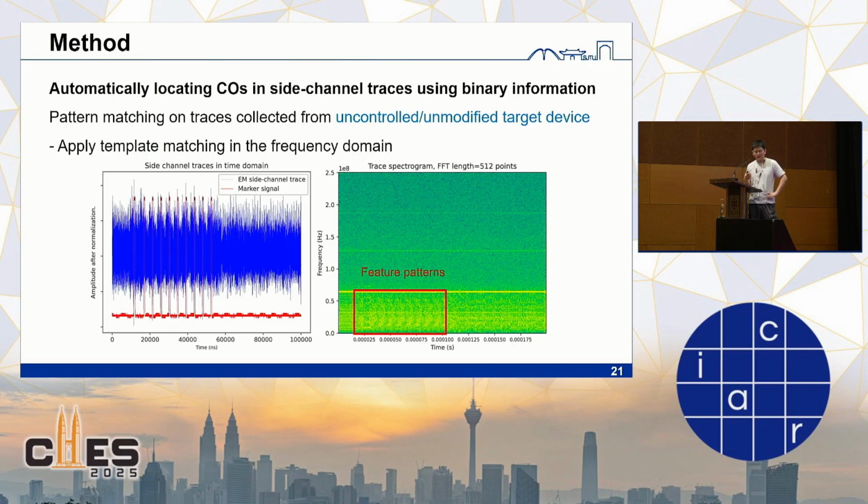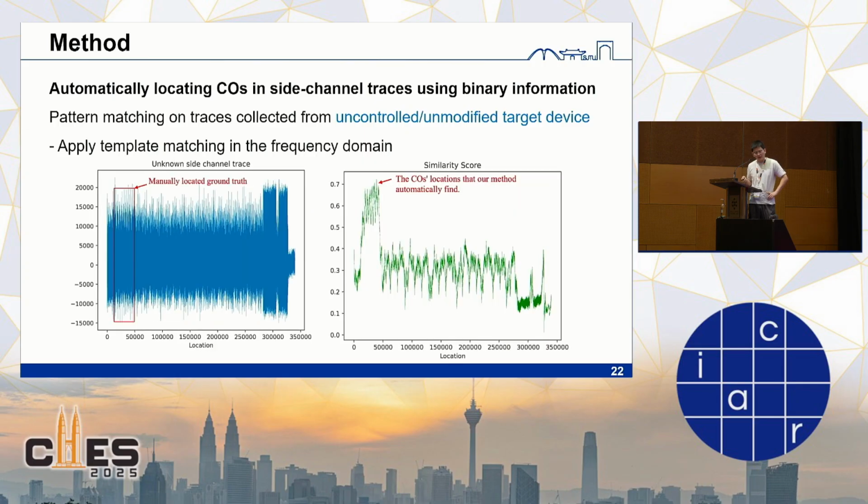Here we choose a frequency domain feature template, which is also quite common in side channel analysis. So for the unmodified target raw trace, our template will yield a higher similarity score at the target location.